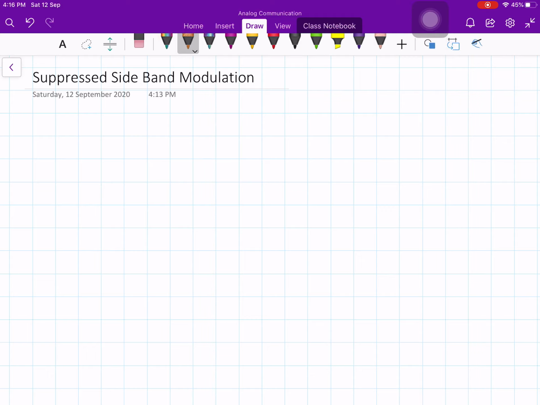In this lecture, let us talk about suppressed sideband modulation. Till now, we have looked at DSB-SC, then DSB-AM with carrier, amplitude modulation with carrier, and quadrature amplitude modulation. And we have discussed the pros and cons of all these modulation schemes.